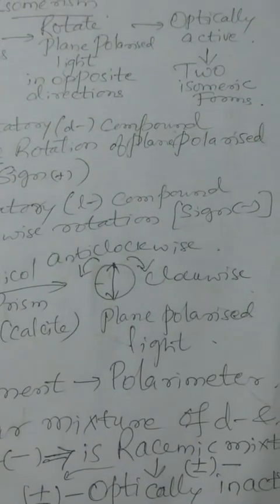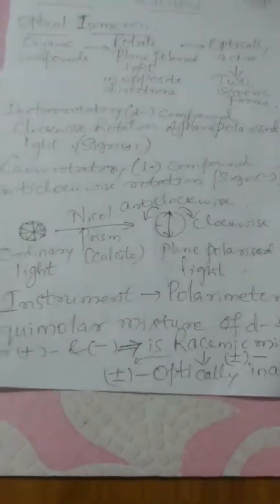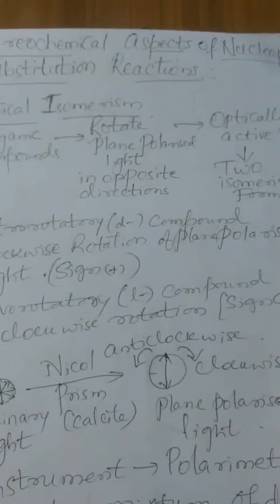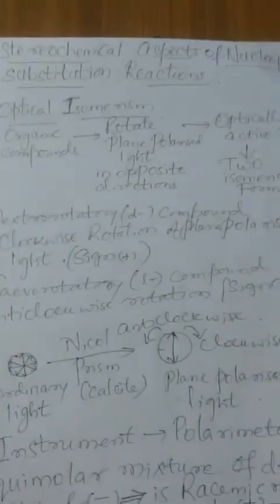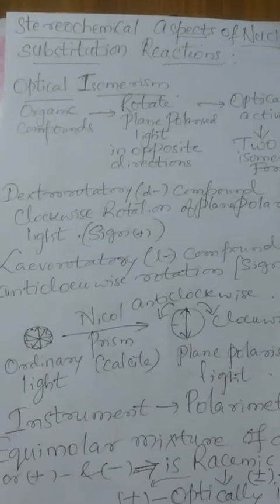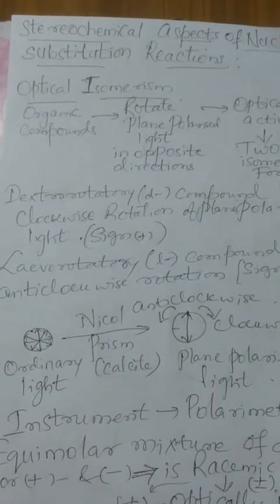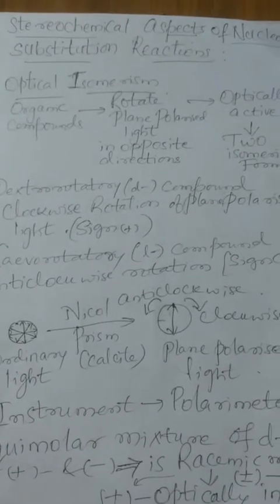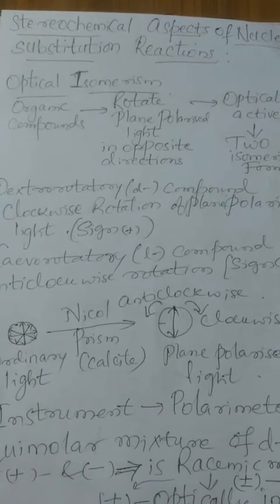Now you should know the meaning of two terms, dextrorotatory and levorotatory compounds. Small d and small l are the symbols used. An optically active organic compound which rotates the plane polarized light in the clockwise direction is said to be dextrorotatory or d compound.